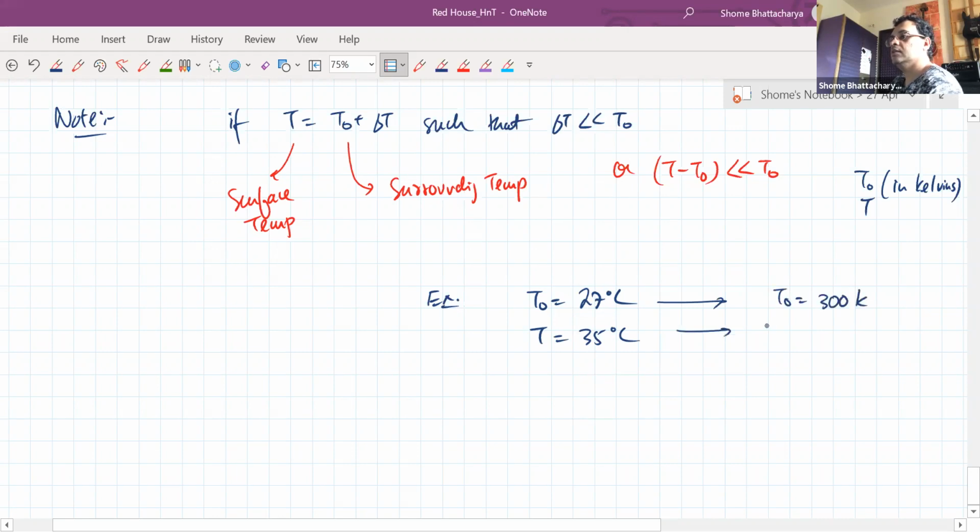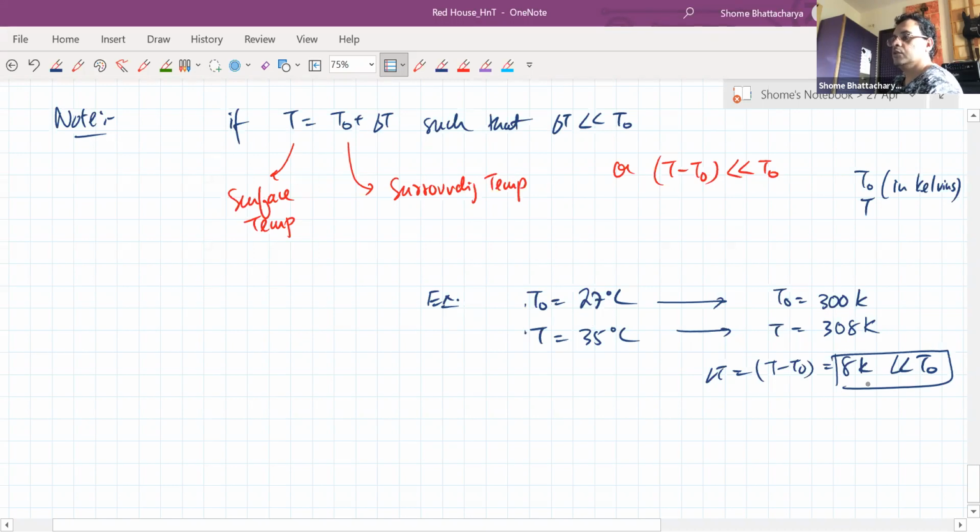And the temperature of the surface is how much now? So 308 Kelvin. So the difference is equal to 8 Kelvin. Now you can see that this is very small compared to T naught. But don't make the mistake of comparing the difference in degrees C, because that's not the case then.